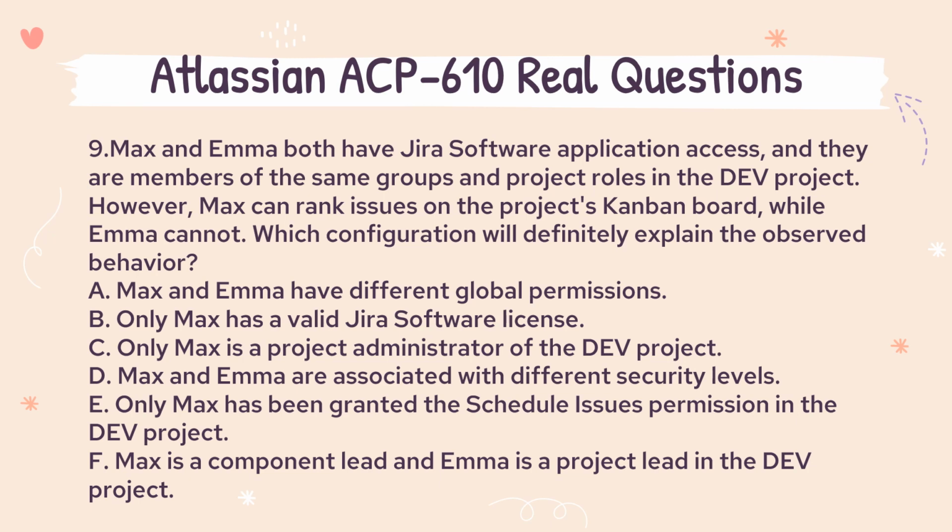B. Only Max has a valid Jira software license. C. Only Max is a project administrator of the dev project. D. Max and Emma are associated with different security levels. E. Only Max has been granted the schedule issues permission in the dev project. F. Max is a component lead and Emma is a project lead in the dev project.